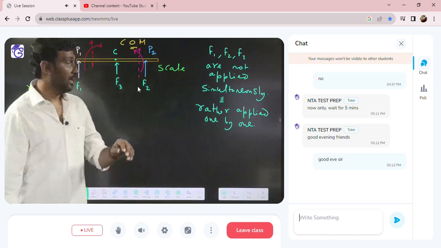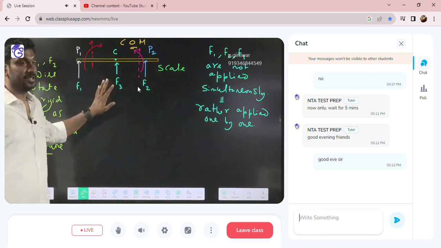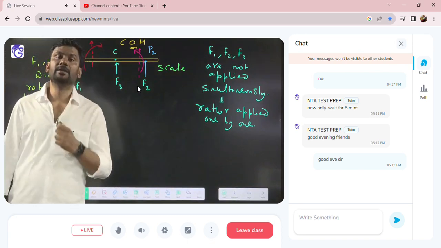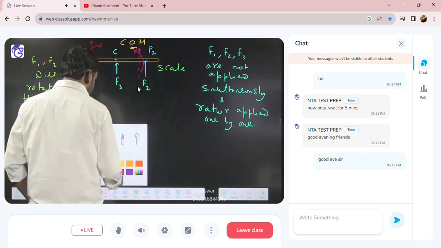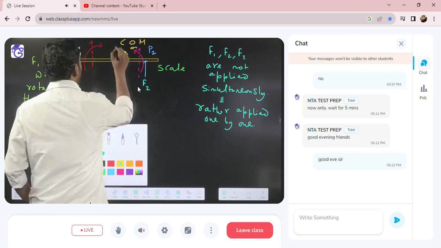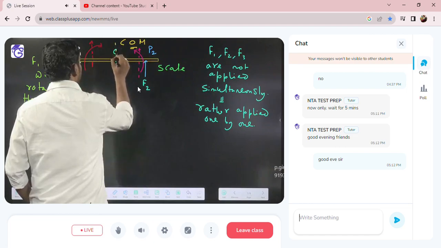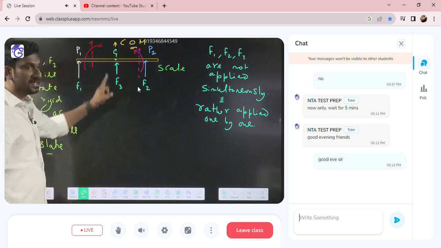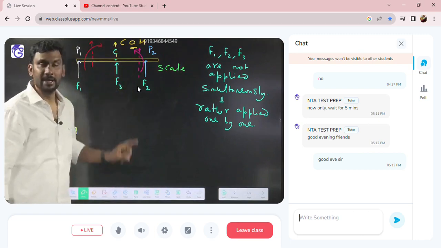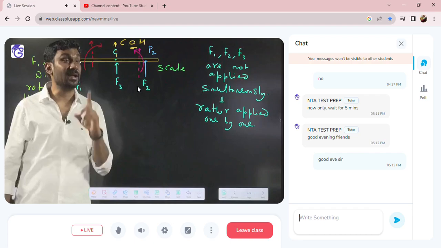But if you look at this force F3, F3 is totally different. What will it do? This force F3 will only generate translation. When you apply force through C, it will only generate translation, right?